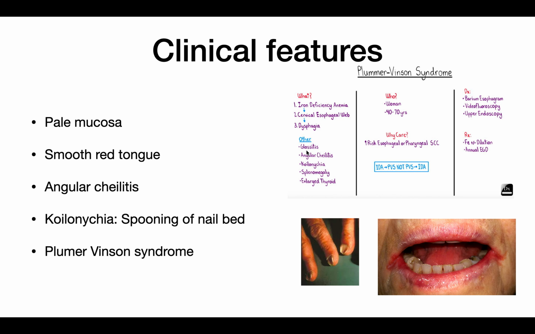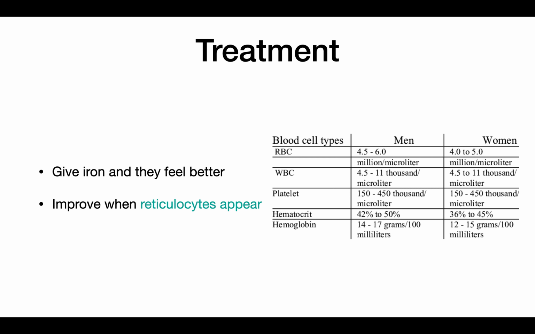Other symptoms would be glossitis, angular cheilitis, and koilonychia, which is the spooning of the nail bed, and usually it affects women from 40 to 70 years old. We treat them by giving patients the iron, and you monitor the reticulocytes.